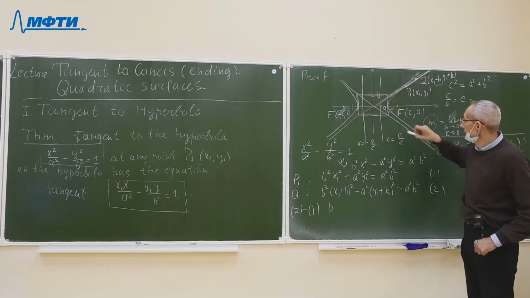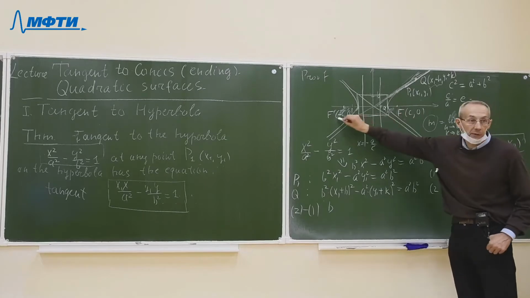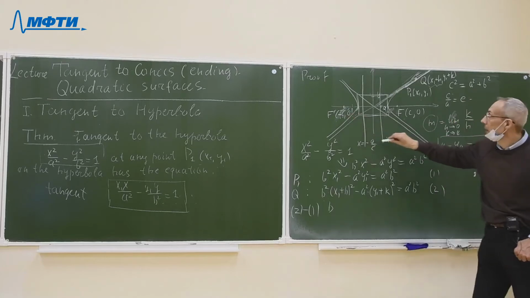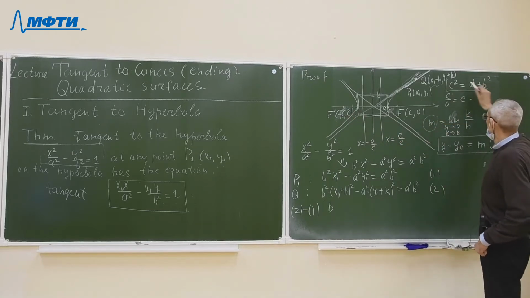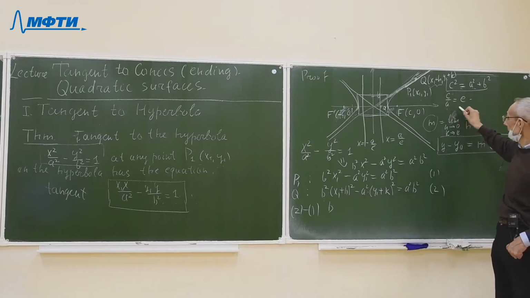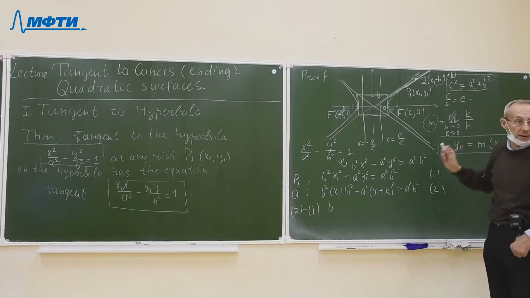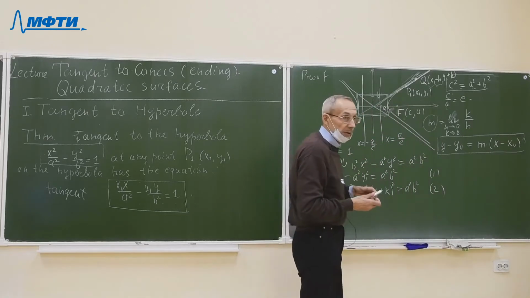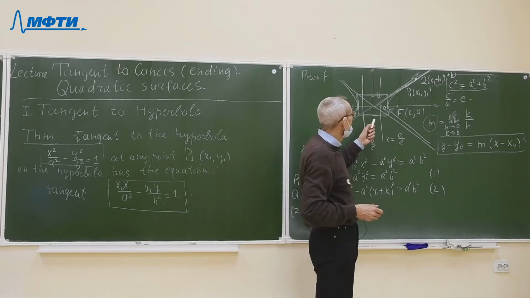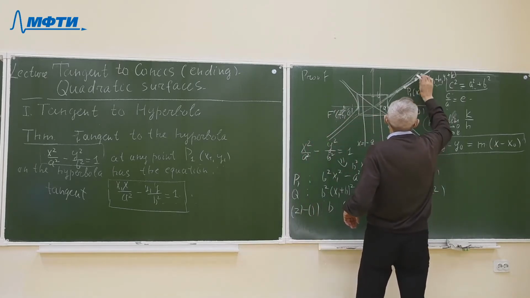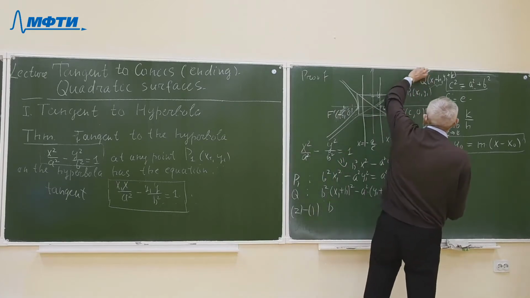We have the asymptotes of the hyperbola and the foci F and F prime with coordinates (c, 0) and (minus c, 0), where c is defined by c squared is equal to a squared plus b squared, and the ratio c to a is equal to e, the eccentricity of the hyperbola. And as in the previous cases, let's consider two points.